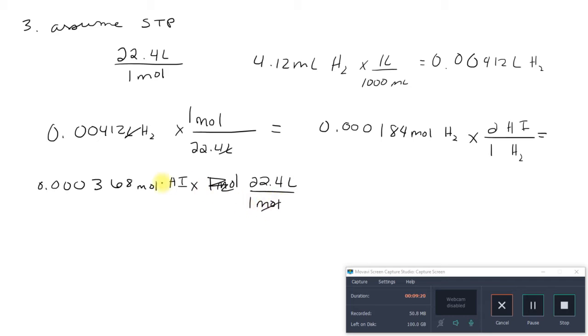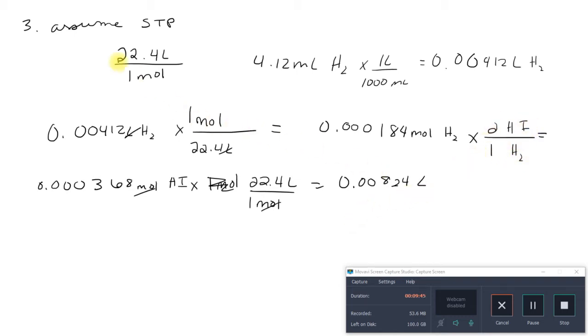Now, gases are cool because when you do a completely gas phase reaction, you don't actually have to convert it from liters to moles. You could, you know, because this is a multiple choice question, we're not having to show any work or anything. You could simply realize that the ratio of HI to H2 is 2 to 1.